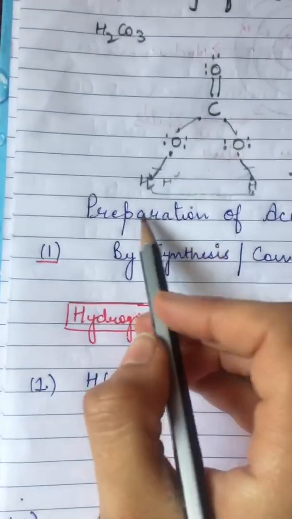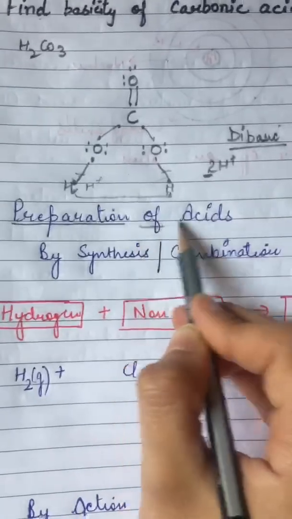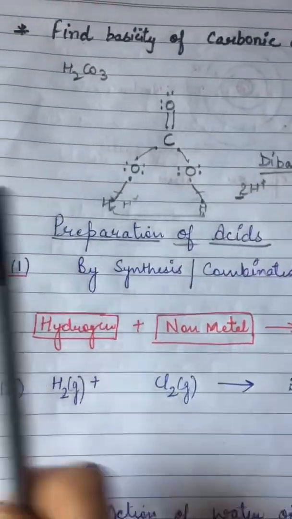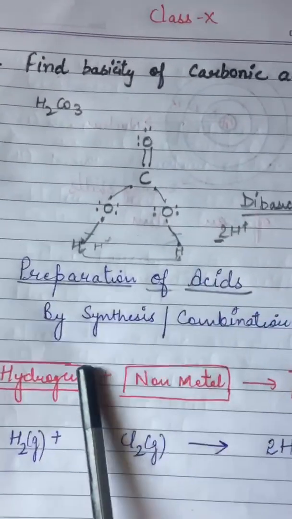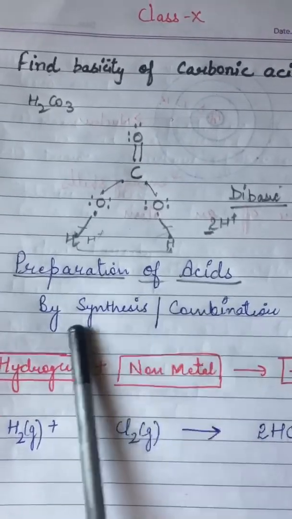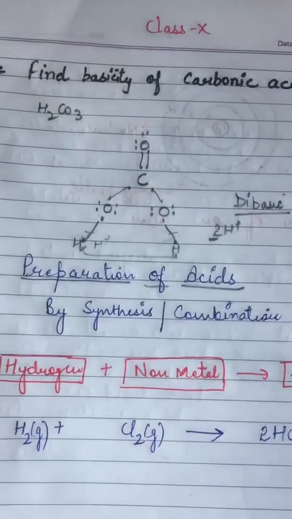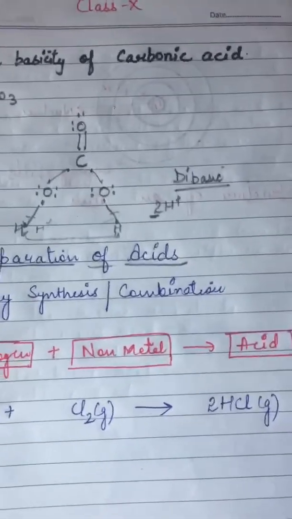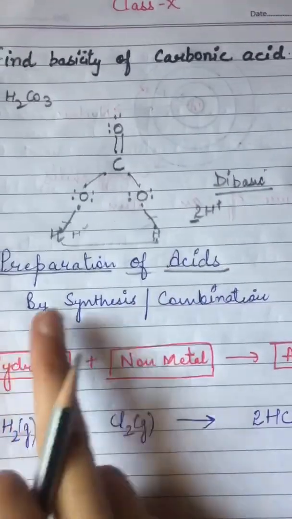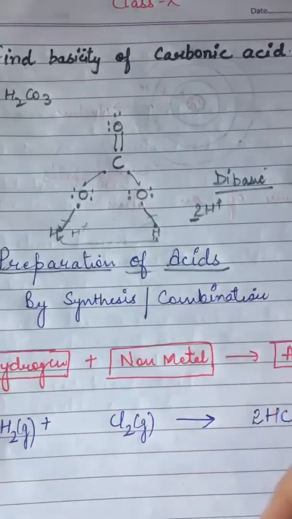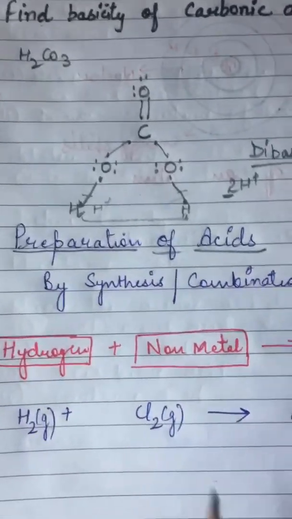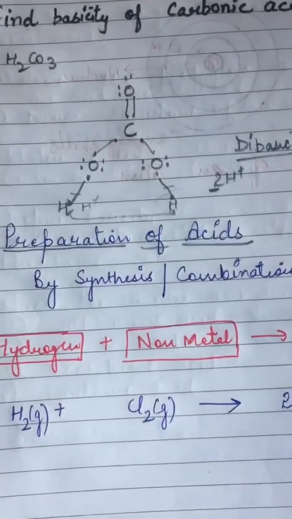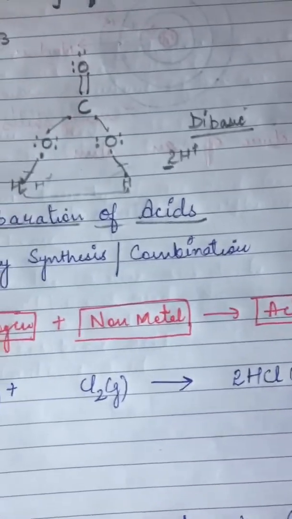Next, today we will discuss the preparation of acids. The first method for the preparation of acids is by synthesis or combination. We have discussed combination, decomposition, all these reactions. So by synthesis, a direct combination reaction: when we react hydrogen with a non-metal, it will give an acid.